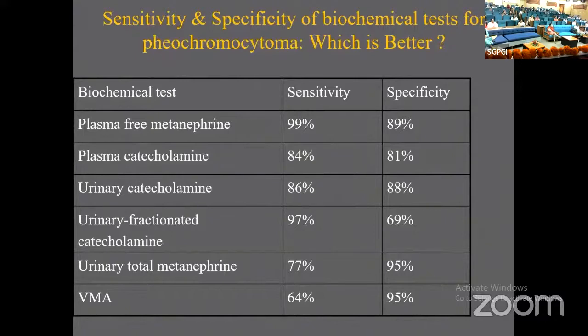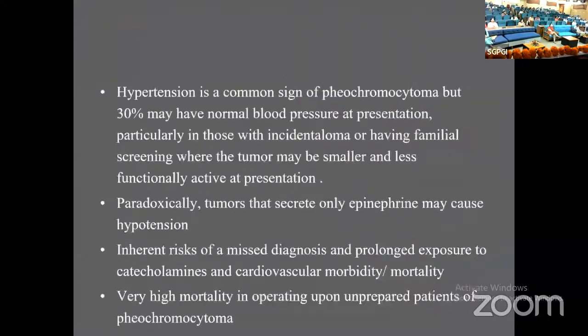But the plasma-free metanephrine is, of course, found to be more sensitive as compared to the urinary metanephrines, but it's quite expensive, not easily available. We don't do it, but I found that it is useful in hereditary syndromes as compared to the sporadic ones. So when I get a hereditary case, I like to do a plasma metanephrine, whereas in the rest of the cases, I would like to do a urinary metanephrine, normetanephrine estimation.